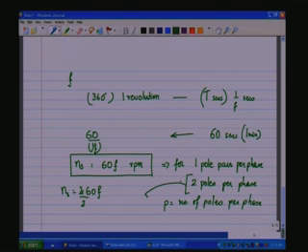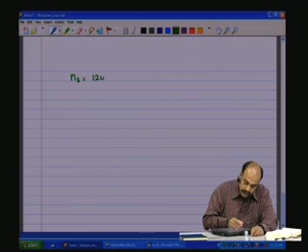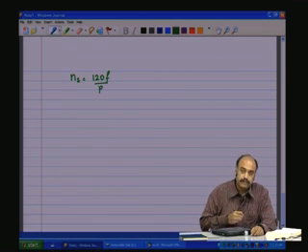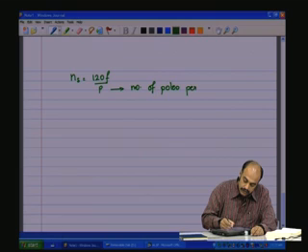This should be for two poles, so that you still have the same result. This will be 120 F by 2, where 2 indicates the number of poles. And in general, if there are P number of poles, NS is equal to 120 F by P, where P is the number of poles per phase.